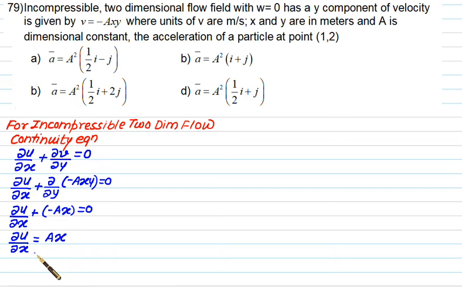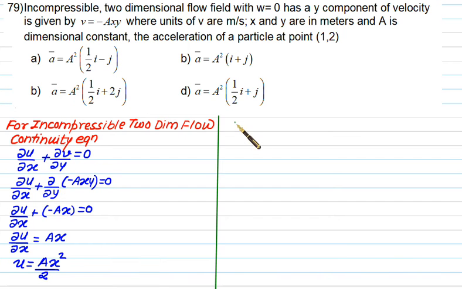or we have del u by del x equal to ax, and this time we have to integrate with respect to x. So we have u is equal to ax square divided by 2, and the constant here we will take equal to 0. So this one is the simplest u component that will satisfy the continuity equation in two dimensions.